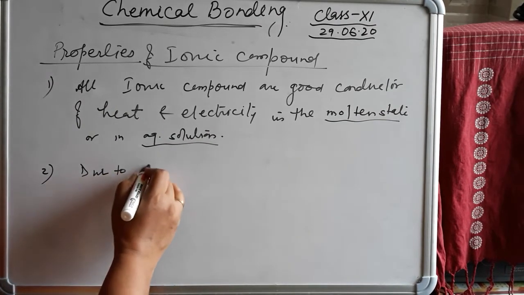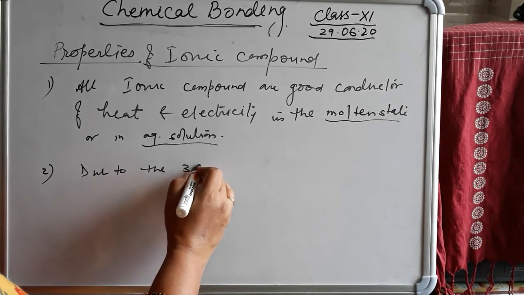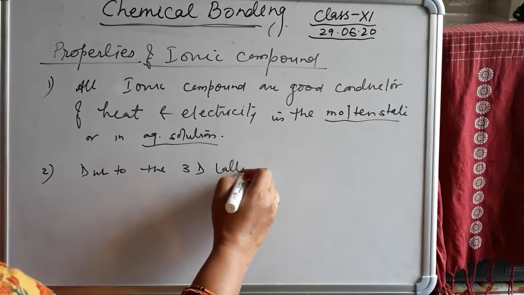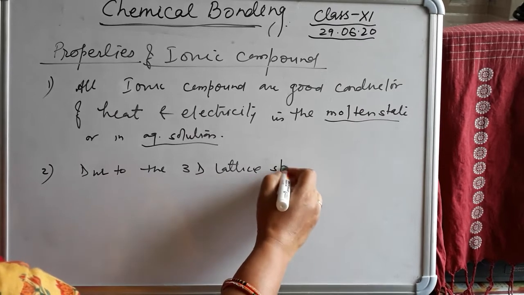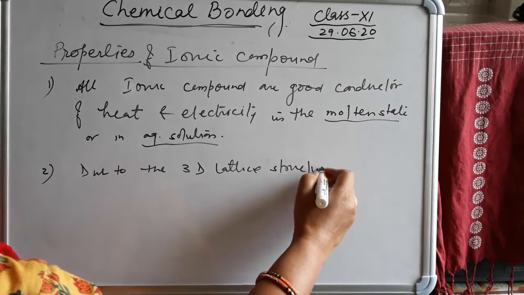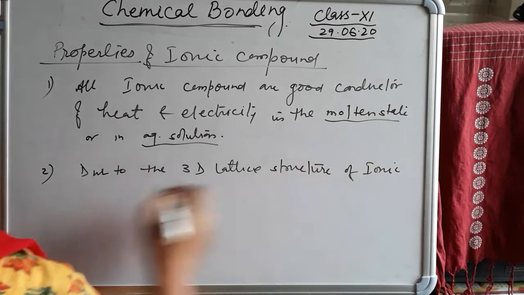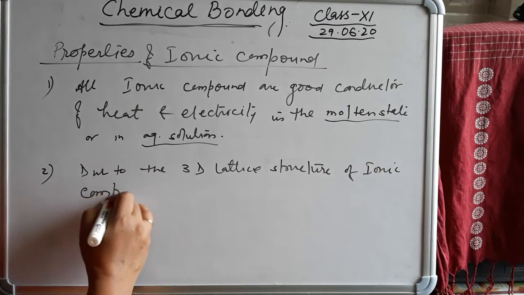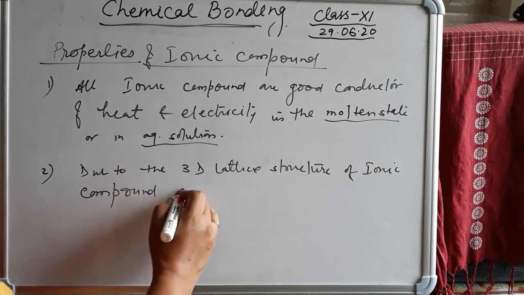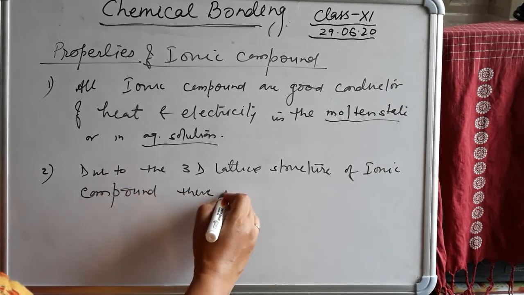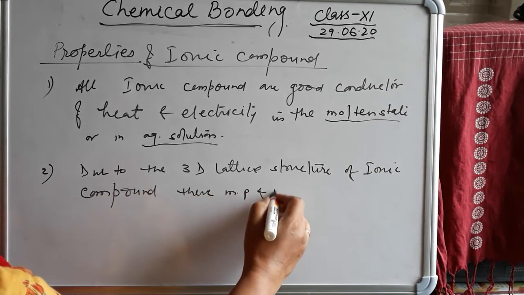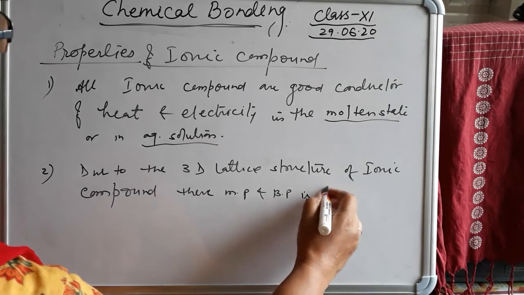Number 2: due to the 3D lattice structure of ionic compounds, their melting point and boiling point are high.